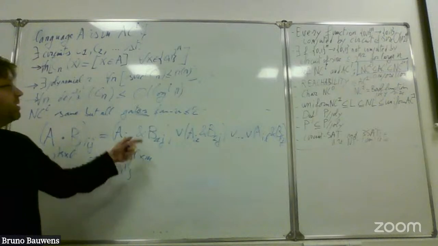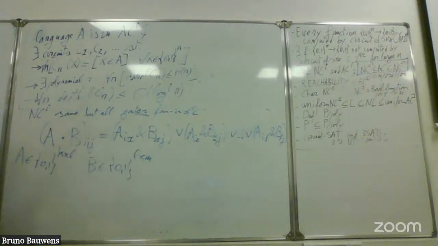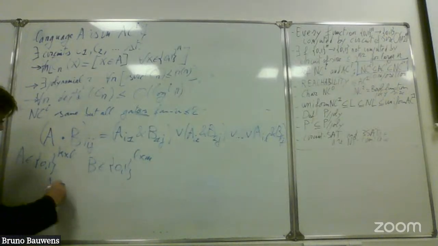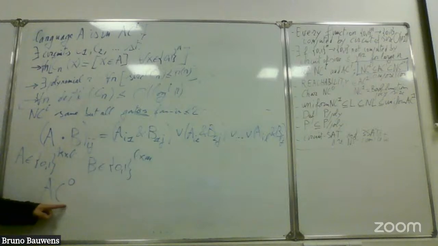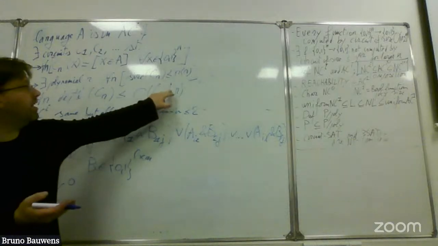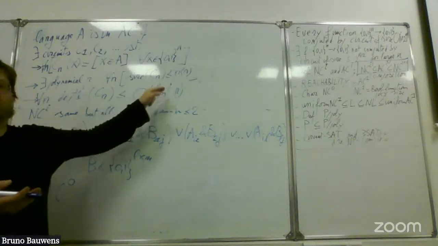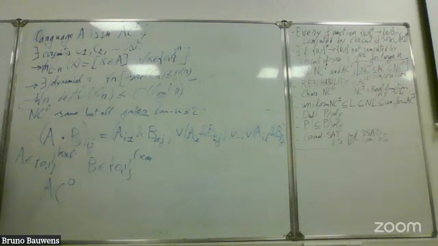Then it computes all the ORs, which is another layer, because the output gate has unbounded fan-in. So it has two layers. Two layers is constant, log to the power 0 is 1. Okay, so this is AC0.